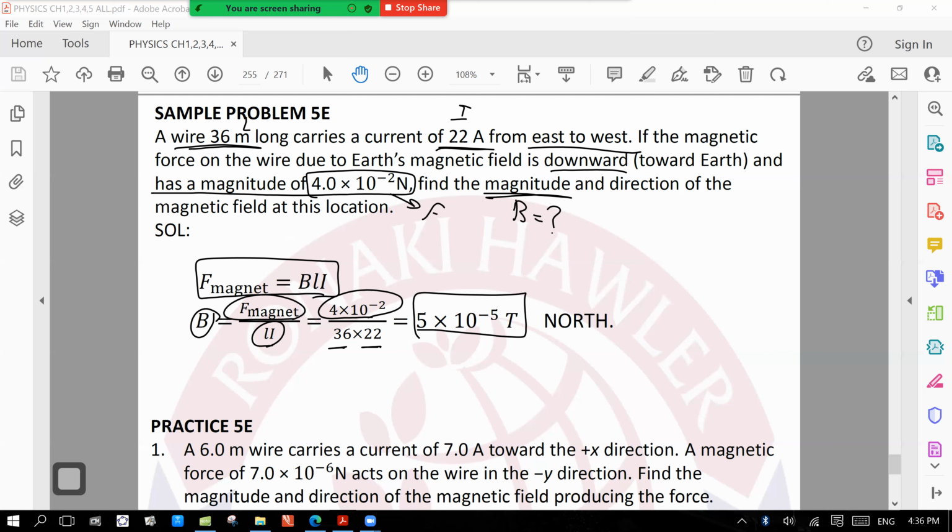So the direction will be into that direction. That's going to be the direction of the current, as you see, east to west. If the force of the magnetic field is downward, it means toward the earth. So it means it's into, that's the force.